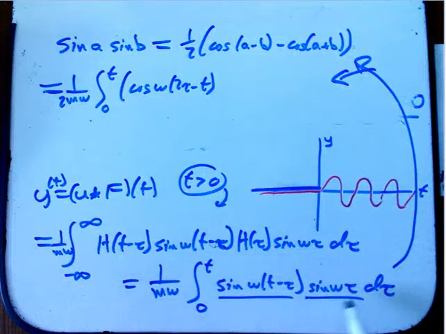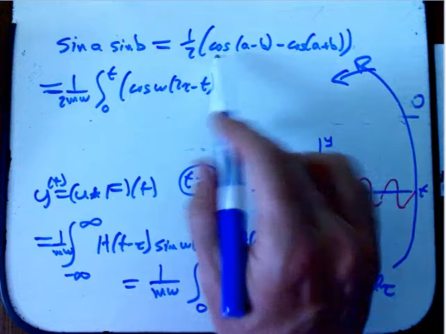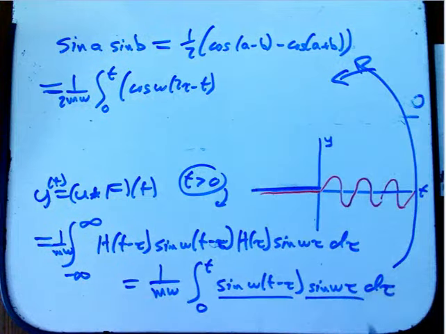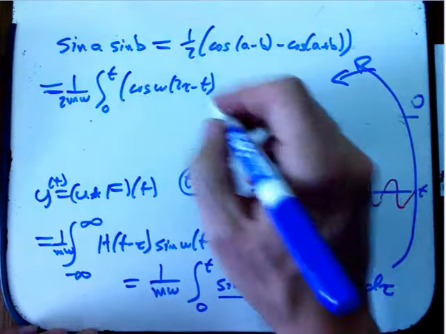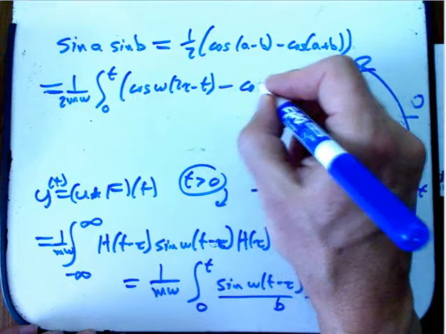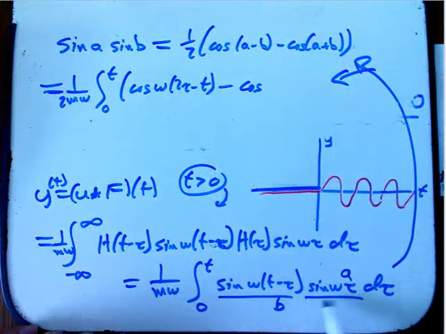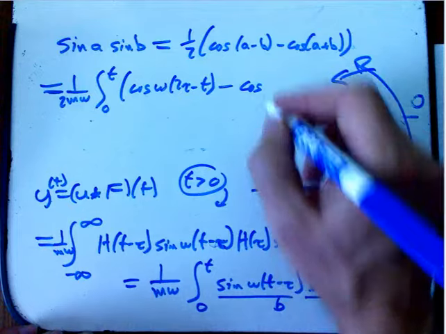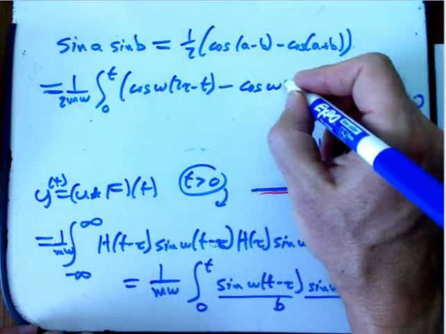I'm taking this as a and this as b. It doesn't really matter because this is an even function, but I think it's going to look nicer if I take this guy as a and this guy as b. And then the cool thing is that when I add these together, the tau's cancel. It's not an accident. That's very special to this situation. And I just get omega t.